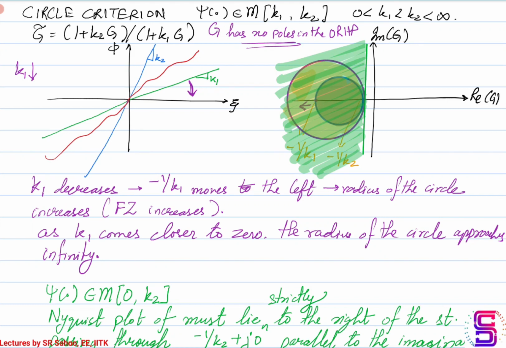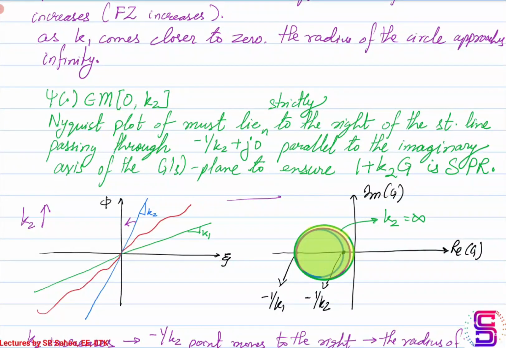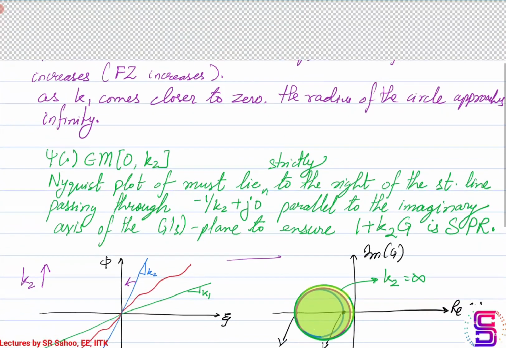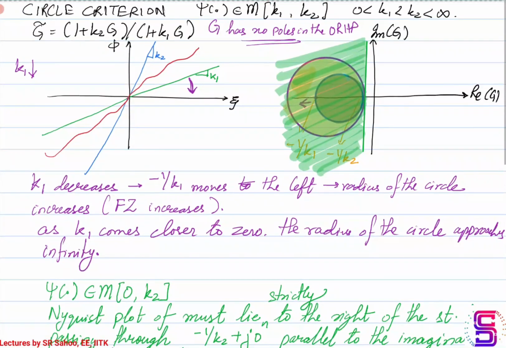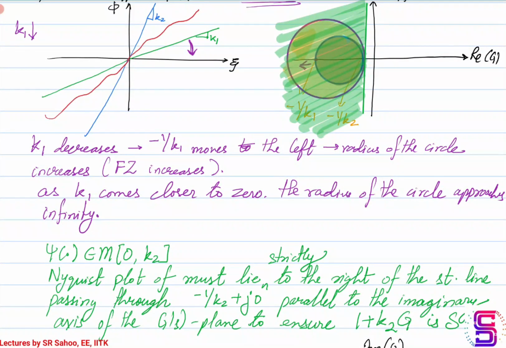Now, if k1 is 0, indicating that your sector nonlinearity is going to be in the sector 0 k2, then in such a case, oh sorry, if the sector nonlinearity is going to be in the region 0 k2, yes, then the region that gets forbidden is basically the left of the straight line passing through minus 1 by k2 parallel to the imaginary axis.